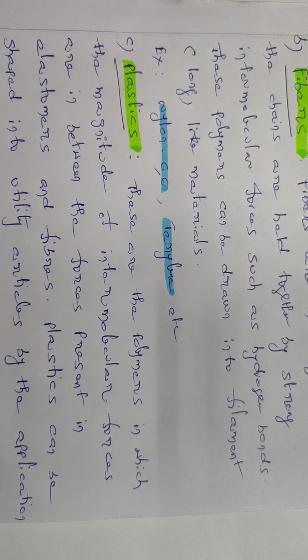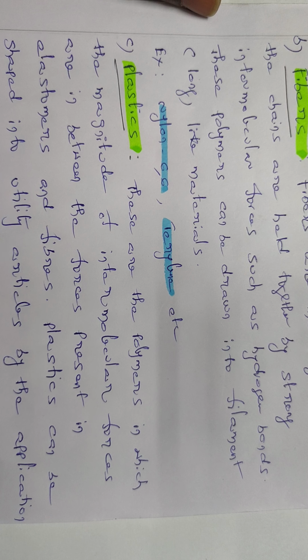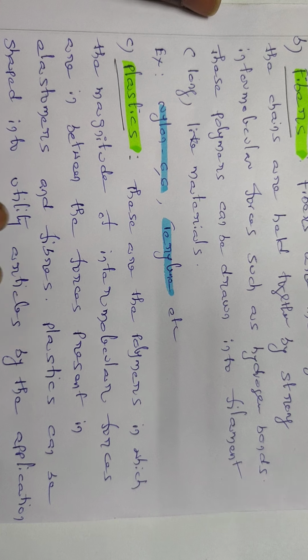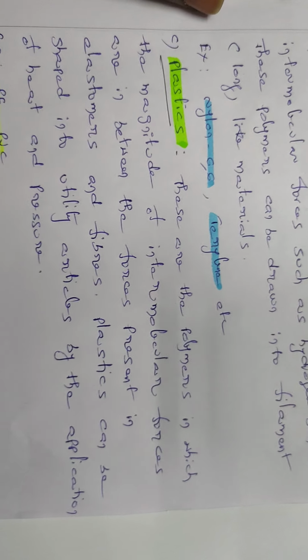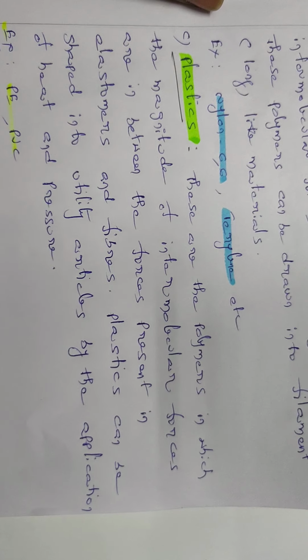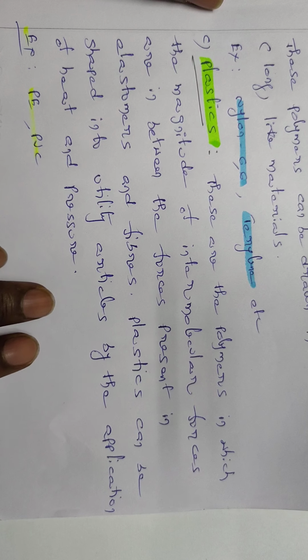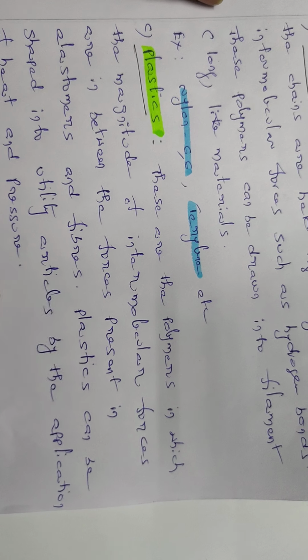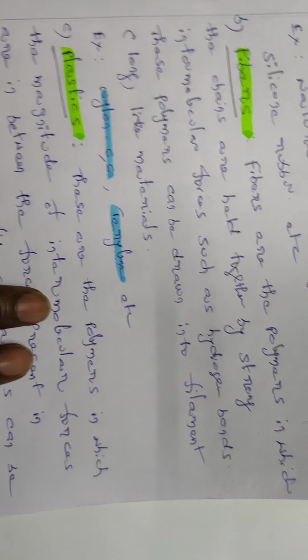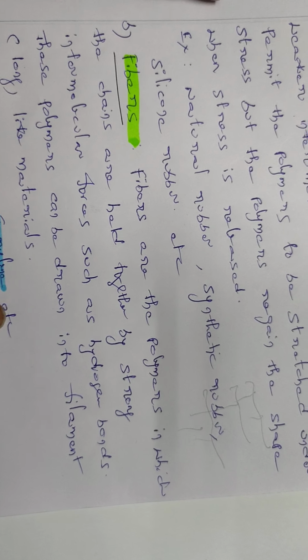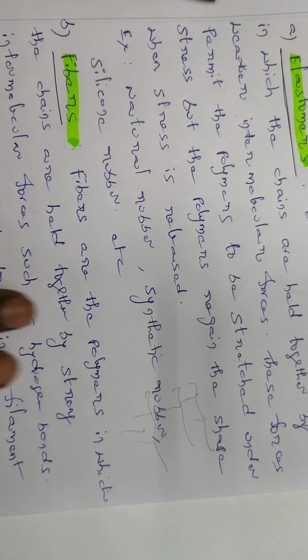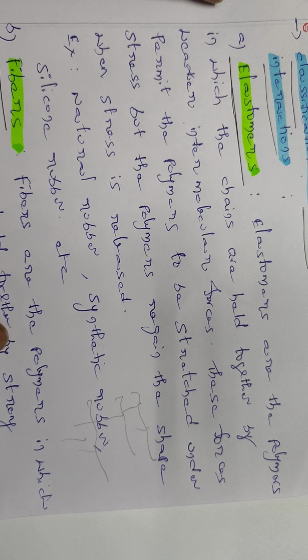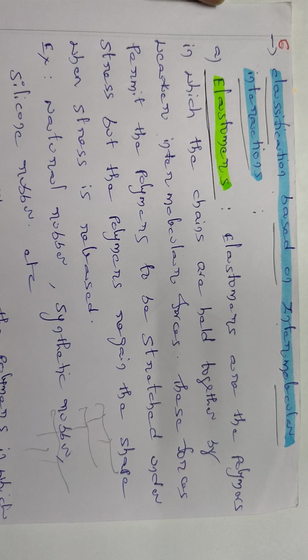So here the intermolecular forces between any two chains are in between fibers and elastomers. Okay, so these are the examples. Polyethylene, PVC are examples for plastics. Nylon 6,6, terylene are examples for fibers, and natural rubber, synthetic rubber, silicone rubber, these are examples for elastomers. Thank you, students.